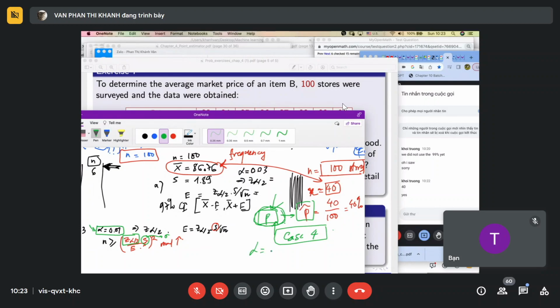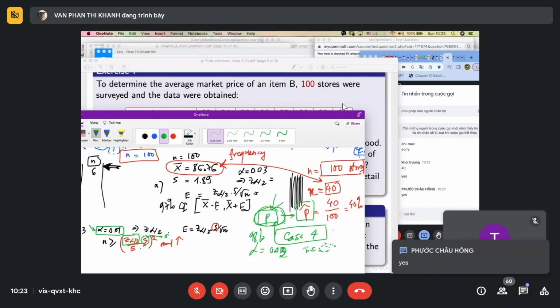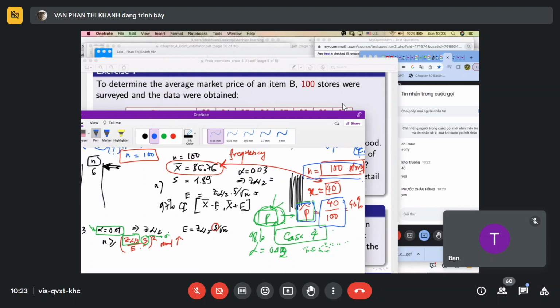With the confidence level of 98%, it means that alpha is 0.03. Oh, sorry, 0.02. Class, understand? Okay, so you have p hat is 40%, and here is 100 stores. p hat is the sample proportion.